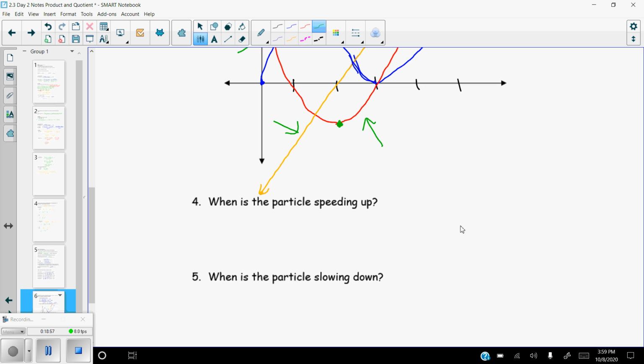So the idea of speed is, if you want to know when something is speeding up, the velocity and the acceleration have to be working in the same direction. In other words, both of them have to either be positive or both of them have to be negative. If your velocity is positive, meaning you're moving forward, but your acceleration is negative, it's like you're moving forward, but you're hitting the brake.